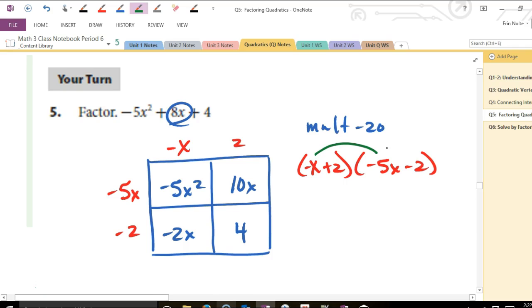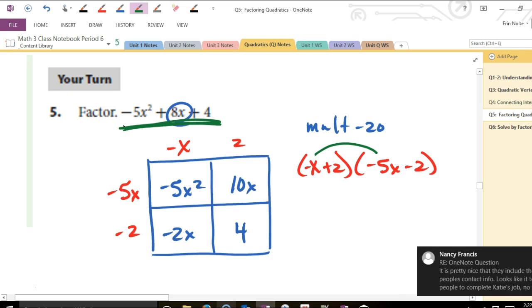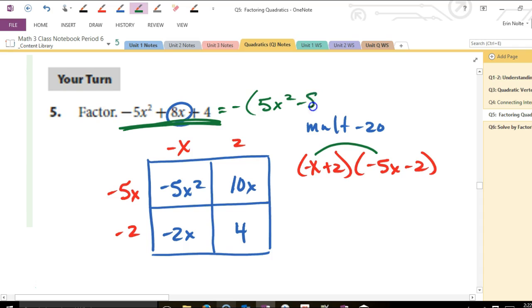Okay, so what I'm going to do is I'm going to go back to this original piece. Okay, and all I'm going to do is simply pull out a negative out of every term. Okay, so if I pull a negative, I'm going to have negative, and then I'm going to have 5x squared minus 8x minus 4. Okay, so this is the piece that I'm going to factor.